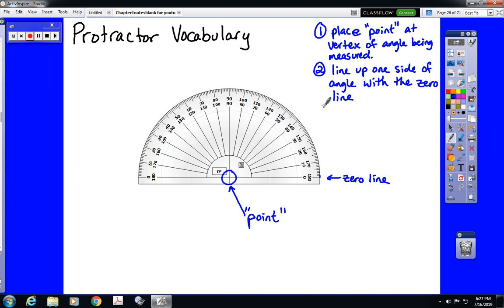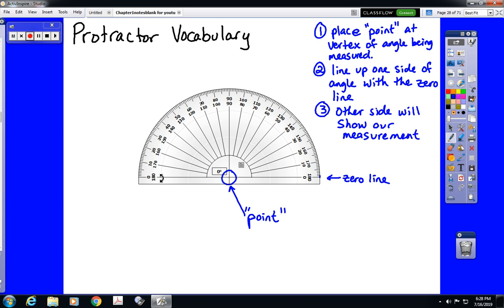And where the other side intersects, we'll show our measurement. Now, notice that there are 2 sets of numbers around the outside of the protractor. The inside numbers we would use when we line up the first side of our angle with this side of the zero line. The outside numbers would be what we would read if we'd lined up one side with the negative side of the zero line.